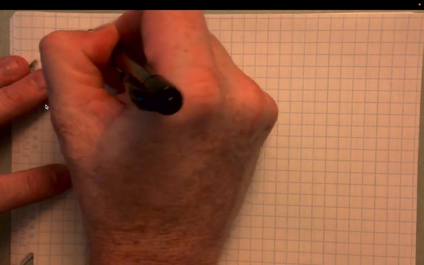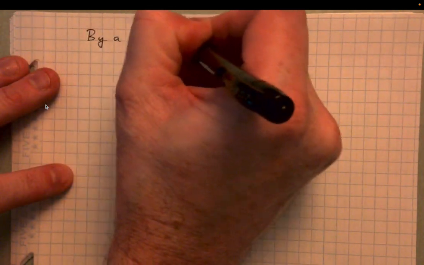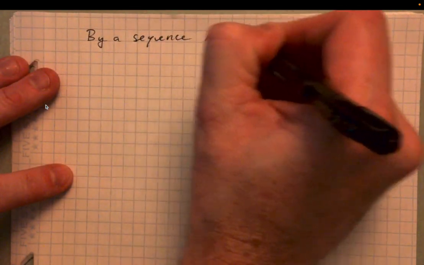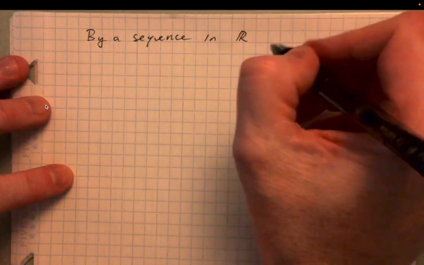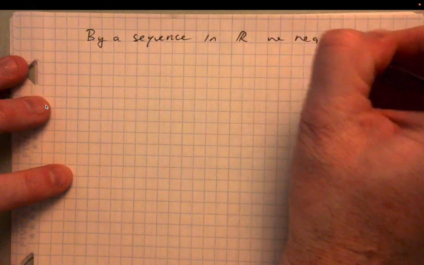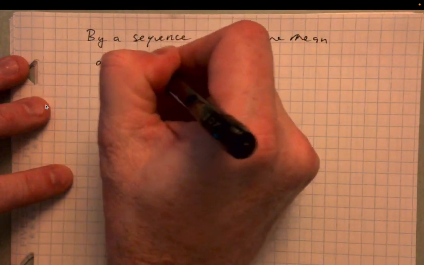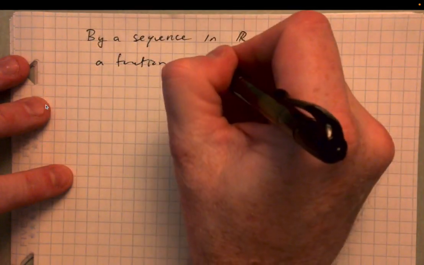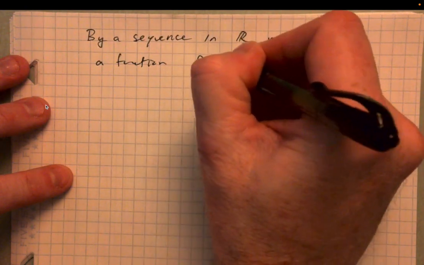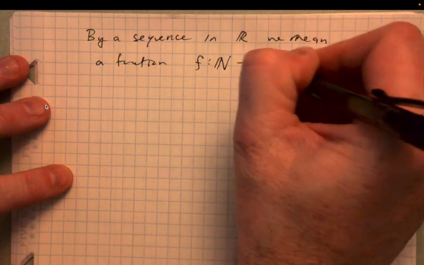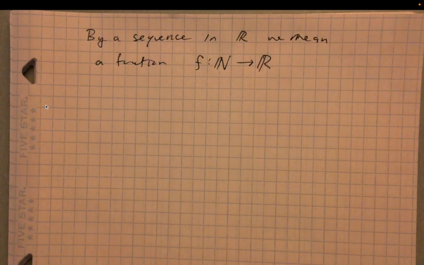So let's remember what we mean by a sequence. By a sequence in R, we mean a function f from the natural numbers into the real numbers, right?